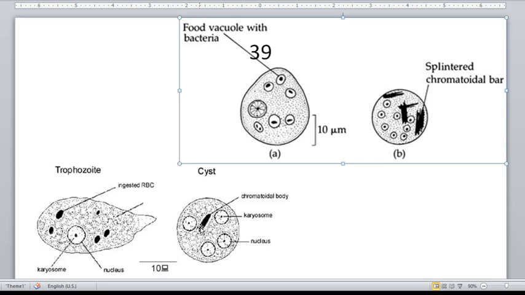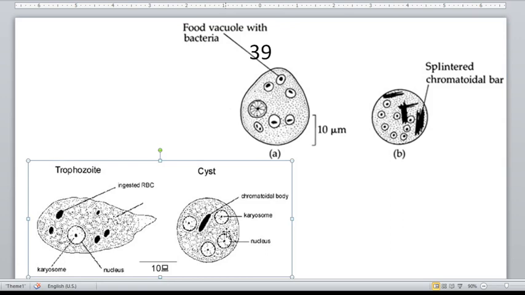Again, splintered, pointed ends for the chromatoidal body of Entamoeba coli. Entamoeba histolytica has blunt, rounded ends of chromatoidal bodies.